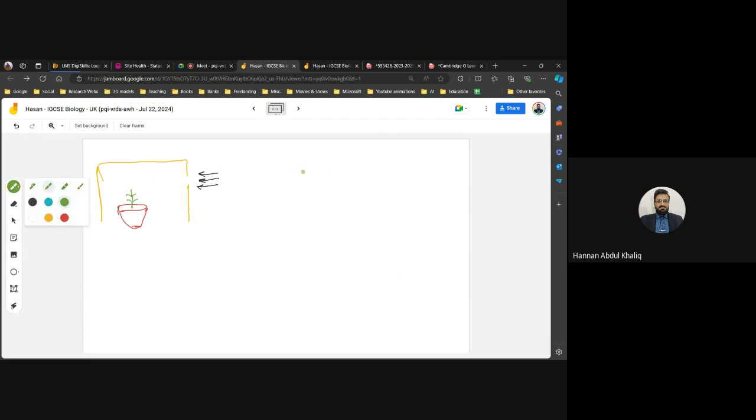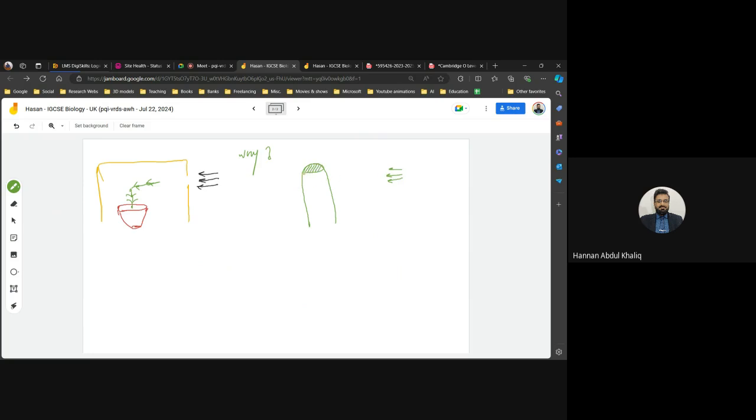Now, what is happening here? The shoot would bend to the direction of light. Why? See, when you would see the light falling from this direction, remember it's the shoot.